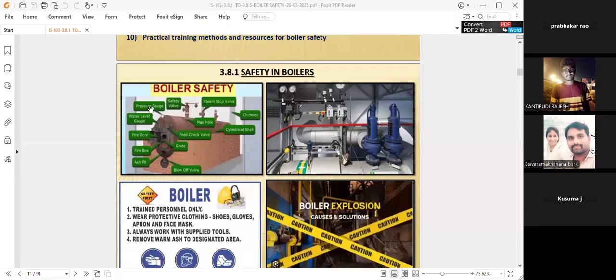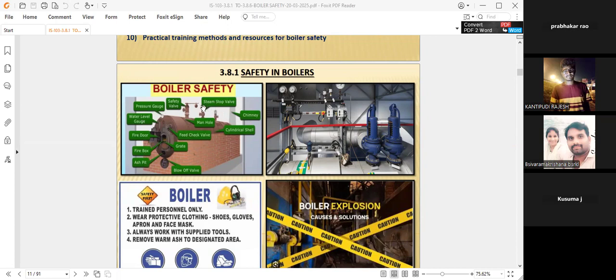For example, the pressure gauge, safety valve, steam stop valve, chimney, cylindrical shell, feed check valve, manhole, fire door, water level gauge, firebox, ash pit, and the blow-off valve.